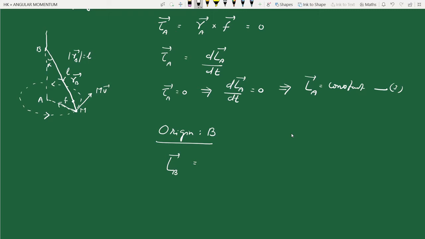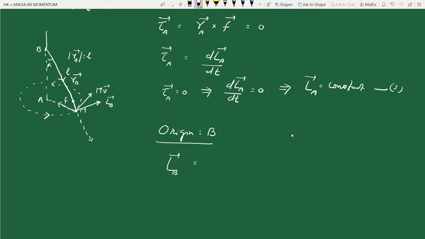The direction of RB is along this direction, mV is along this direction. So the direction of the angular momentum vector must be perpendicular to both RB and mV, so it is perpendicular to this inclined plane. Let us consider this direction. This is the direction of LB.